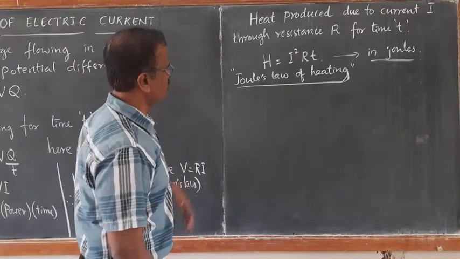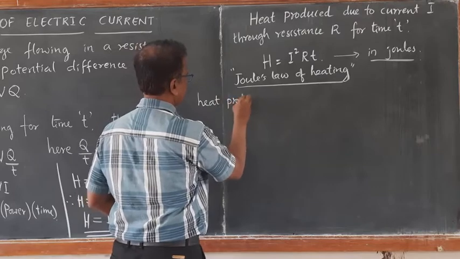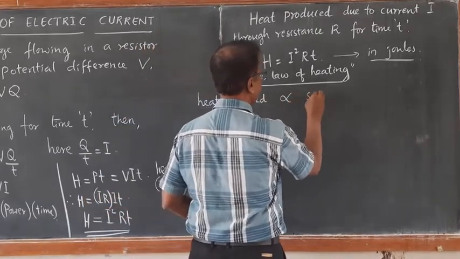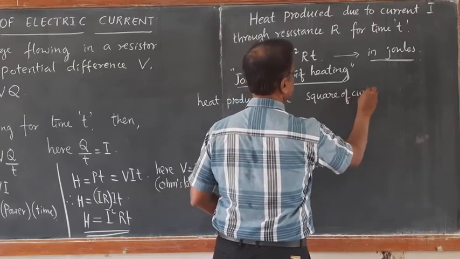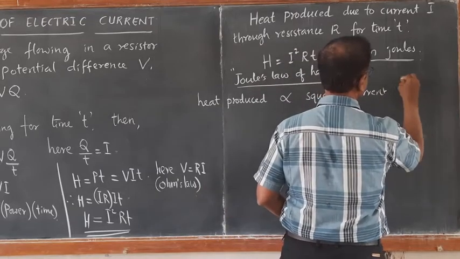So what is Joule's law of heating? Heat produced is directly proportional to the square of current, that is I square.